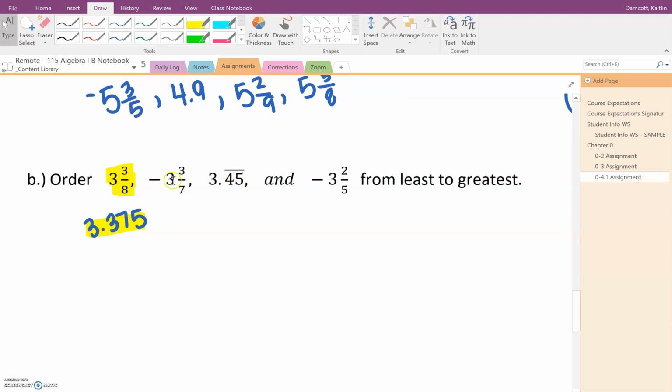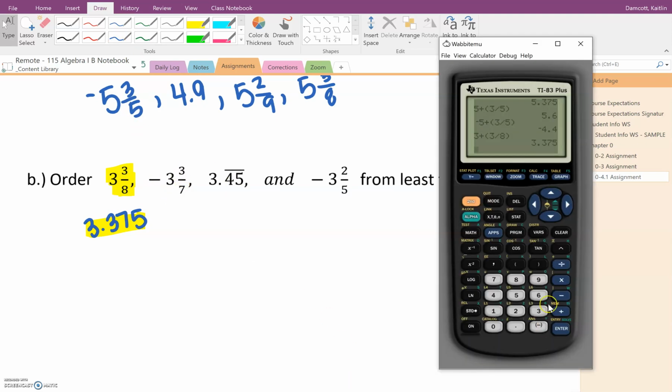So we've got -3 3/7. Remember I said plug it into the calculator as if it's positive, so 3 plus 7 divided by, just kidding, not 7. Ooh, that would have been bad. We want 3 plus 3 divided by 7. Ooh, 3 divided by 7, close the parentheses. It matches up. We get, oh, that's ugly. That is an ugly one.